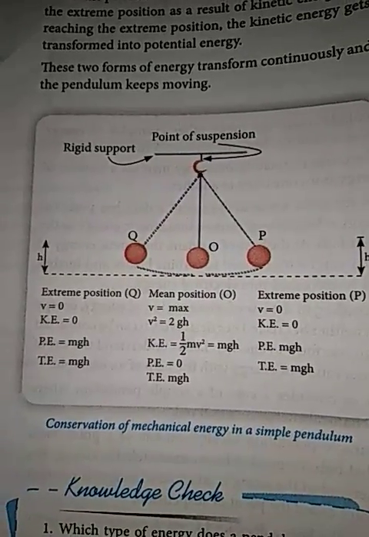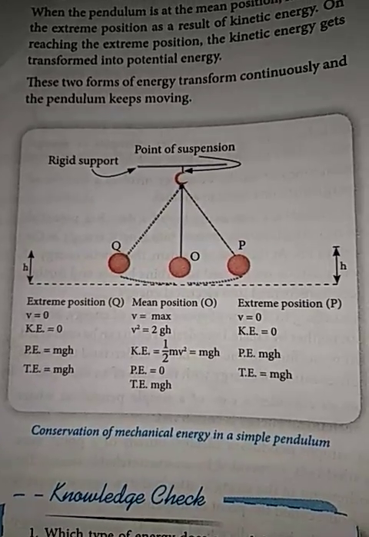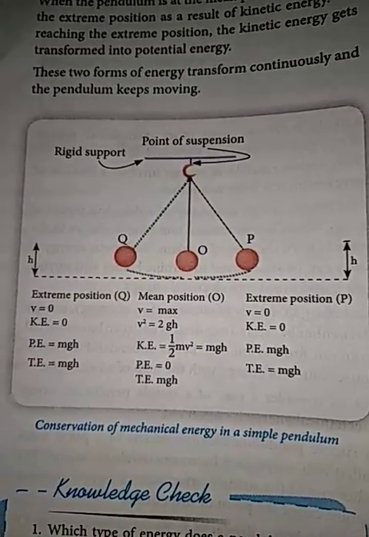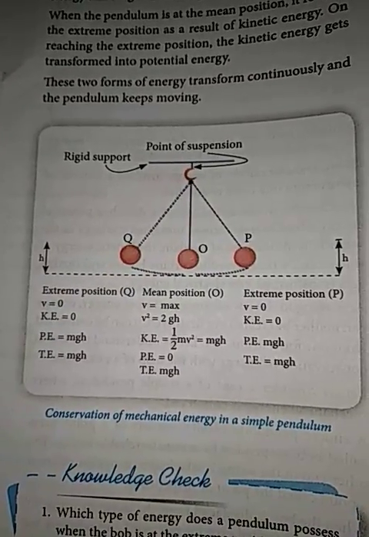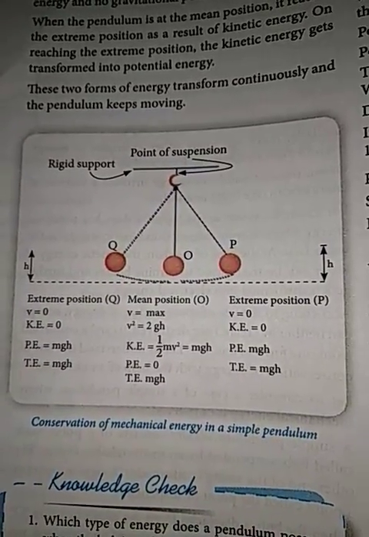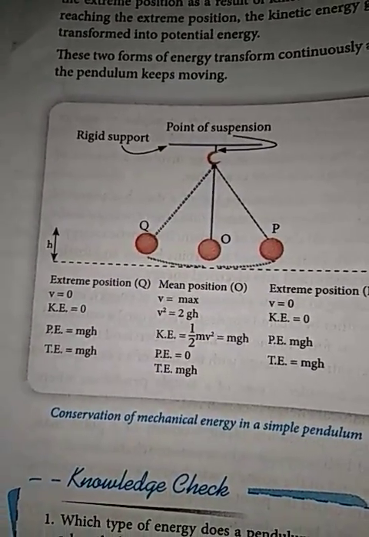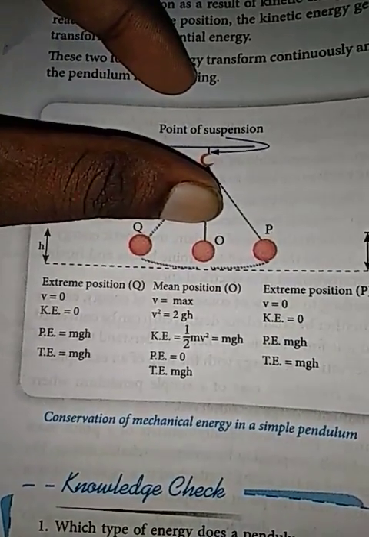When it was at the mean position, it had kinetic energy, and when it reaches the extreme position, it has potential energy. It means that kinetic energy gets transformed to potential energy. And when it is at mean position O, its velocity is maximum.